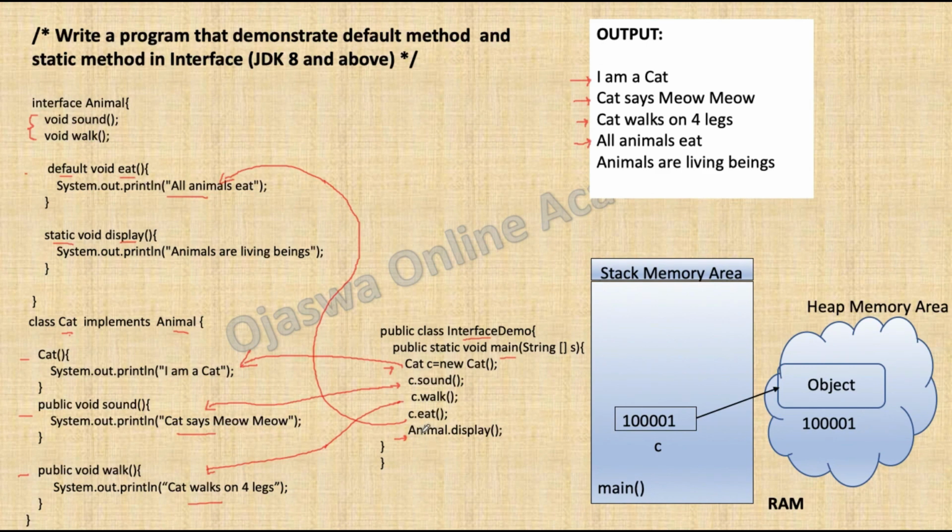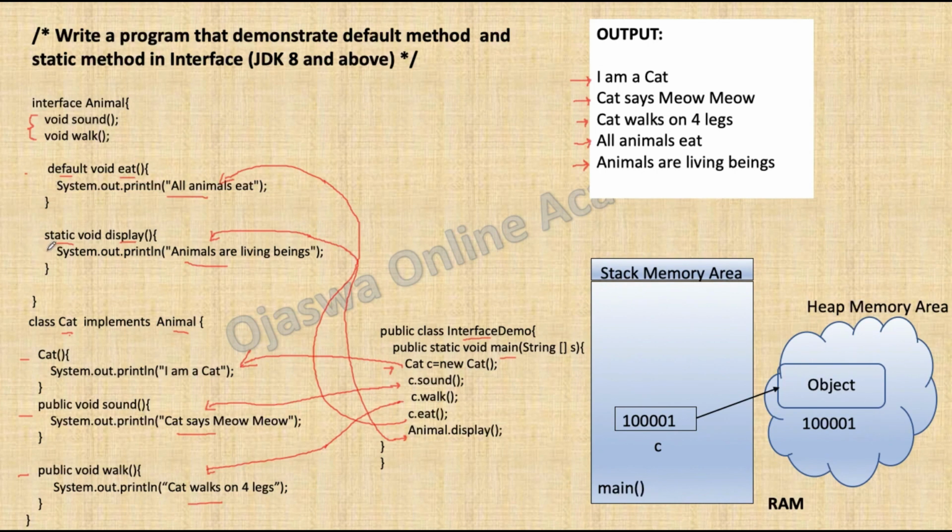You can directly call it using the interface name because it belongs to interface Animal. So control of execution will go to the definition of the display method, and the code inside display is executed: "Animals are living beings". So in this program we have learned that you can write a method with implementation inside the interface using the default keyword, and this can happen from Java version 8 onwards.